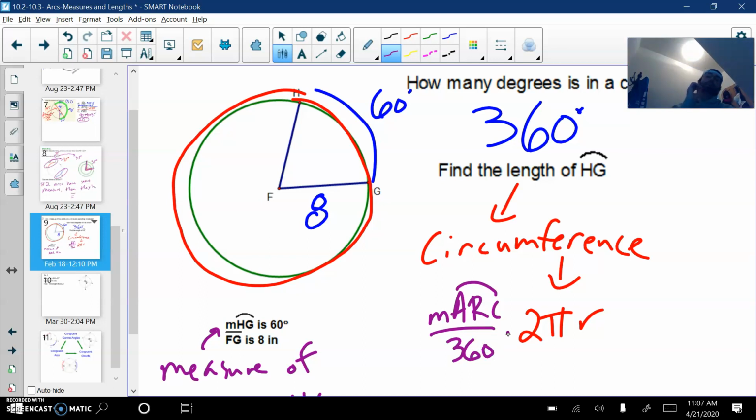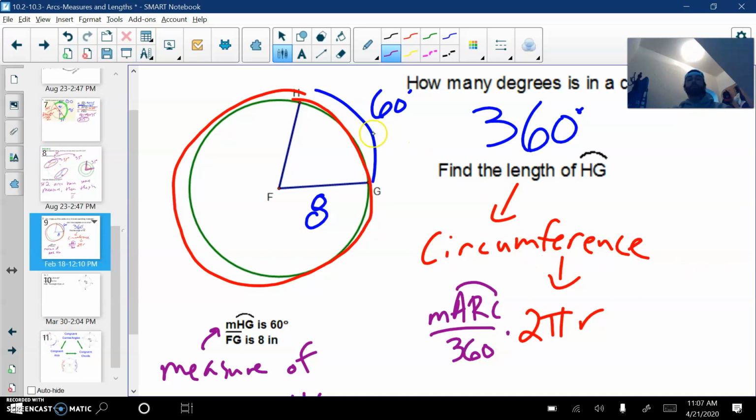I only care about my fraction of the circle, my crust. How do you find your fraction of a circle? You take the measure of its arc and divide it by 360, because there's 360 degrees in the actual circle.